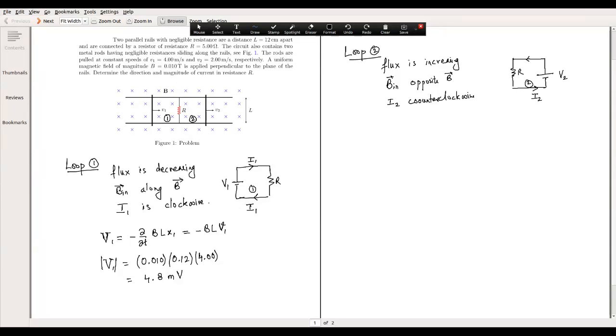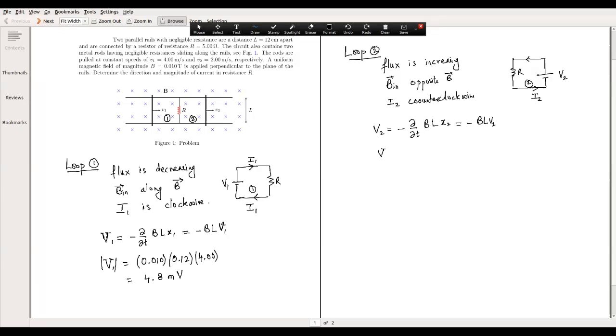How much is the magnitude of the voltage V2? That's decided by the rate at which the magnetic flux changes there. So that's B times L times x2 now, where x2 is the length of these rails between the resistance R and the rod moving with velocity v2. So it's minus B L v2.